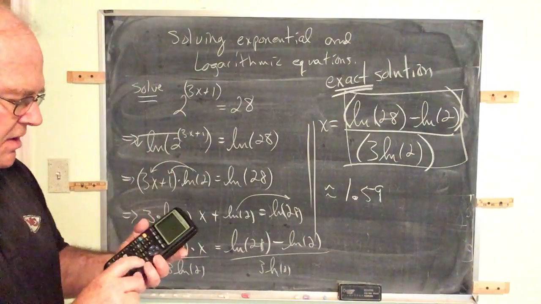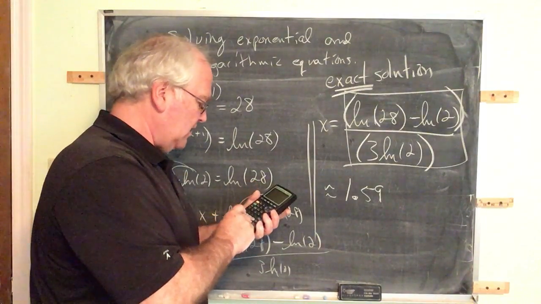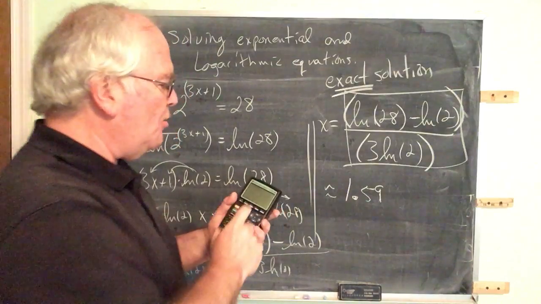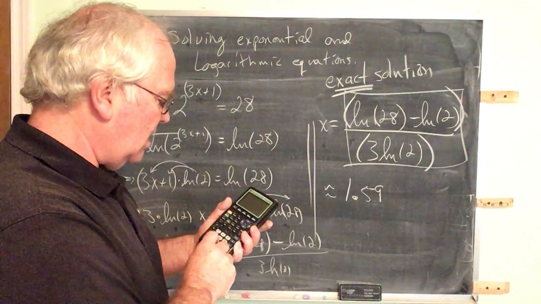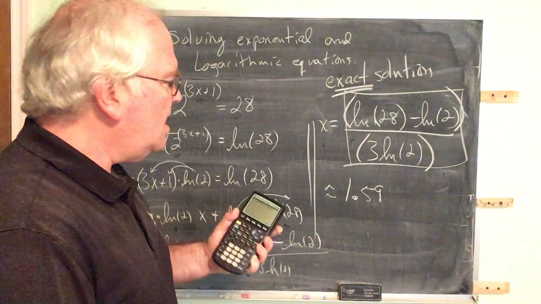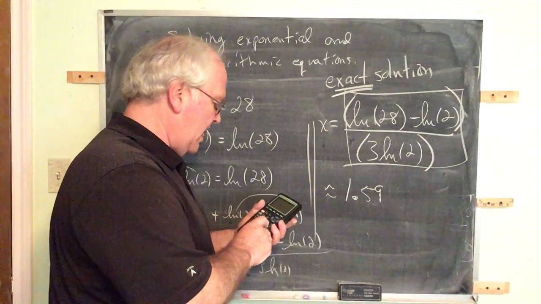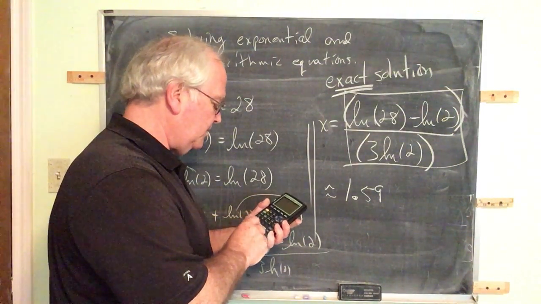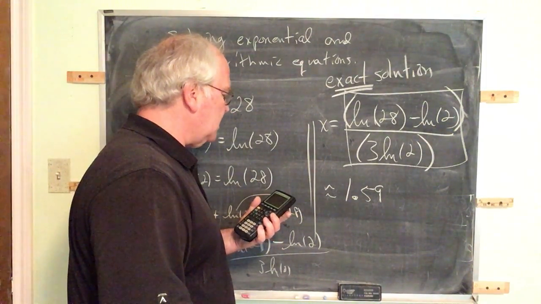So again, let's do that again. I want to compute this value. Open parenthesis, natural log of 28. Now notice that it opens parenthesis. I'm going to close that and then subtract natural log of 2, close. So I have the entire numerator in parentheses. Divide by, open parenthesis, 3 times natural log of 2, and I get 1. Ooh, I got a different number this time.